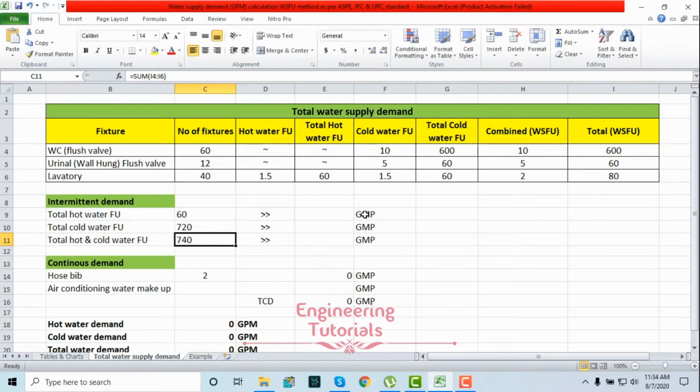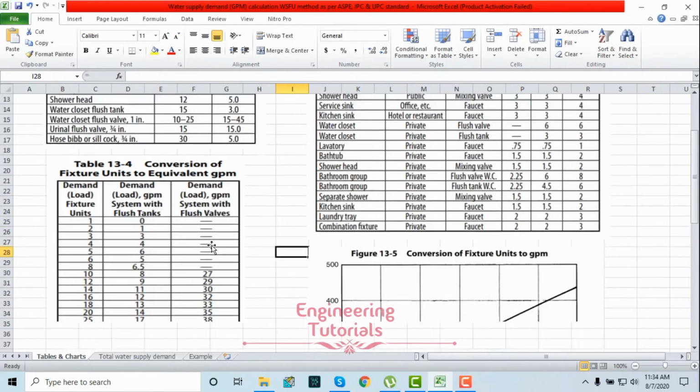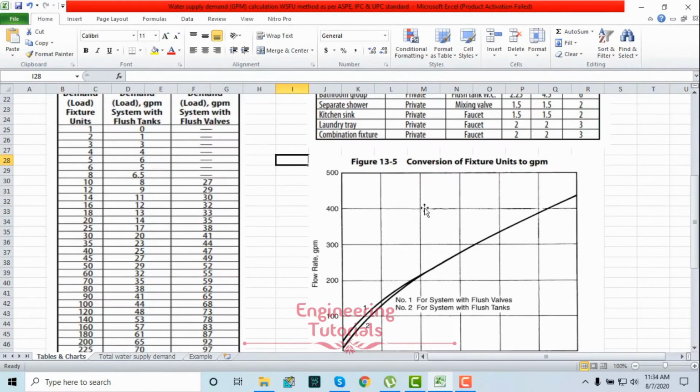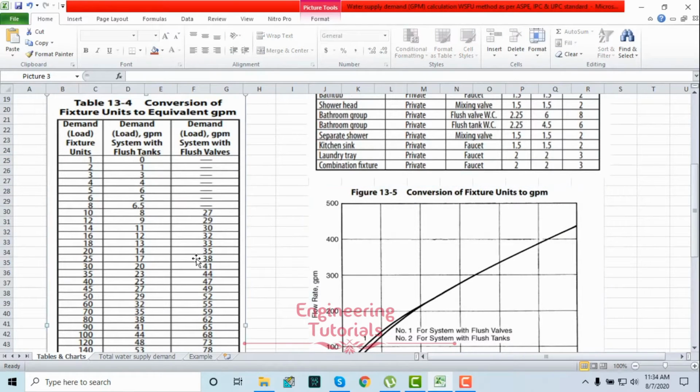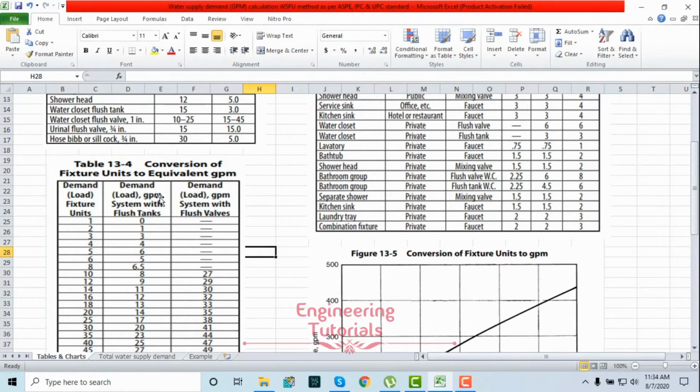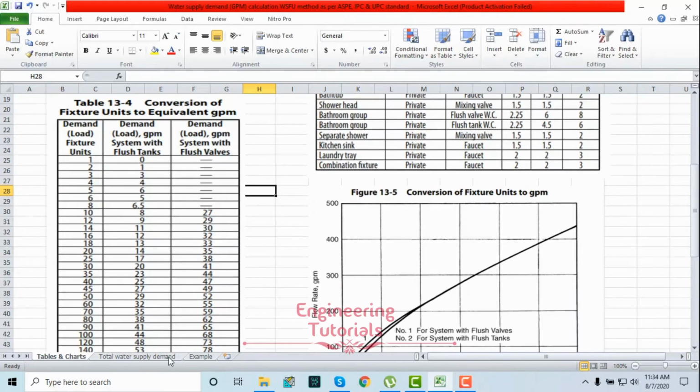Now we have to convert this fixture unit value into GPM, so we are going to use the table in here. So this is the table. You can use this chart as well as this table to convert fixture units to equivalent GPM.